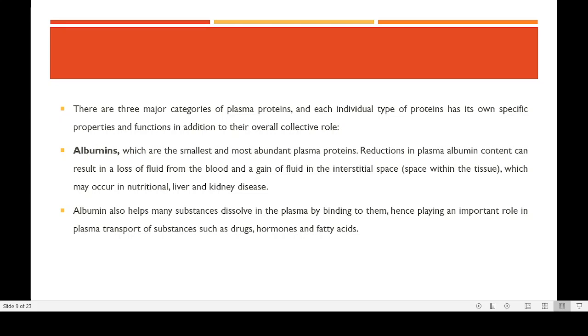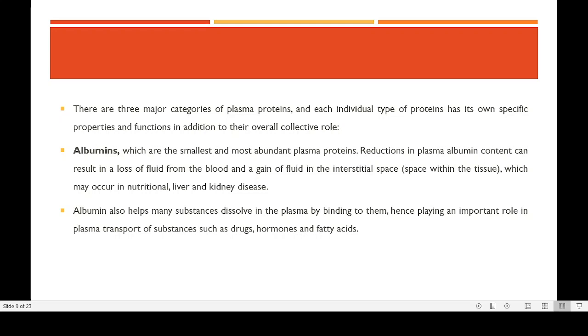For example, if there is a lack of albumin inside the blood, what happens is that water from the blood will leak into the spaces between the cells, into the tissue spaces, and that will result in swelling. That is why when a person is having liver damage or kidney damage, you can see that his body is swelling.